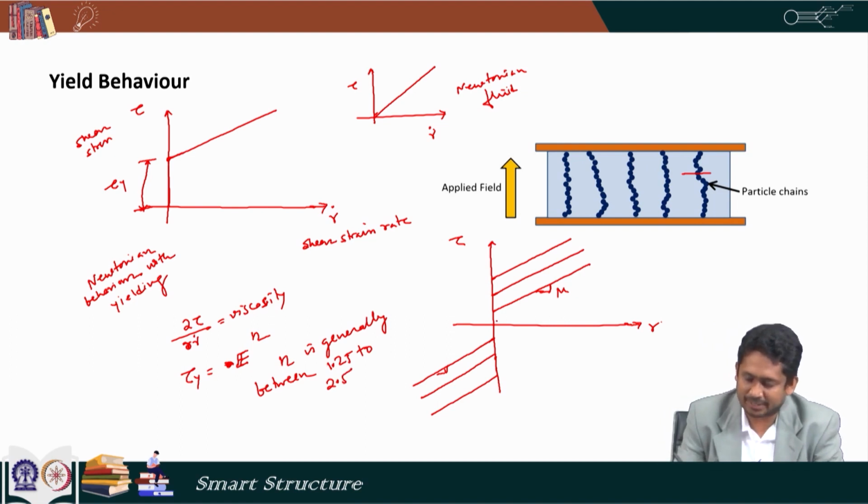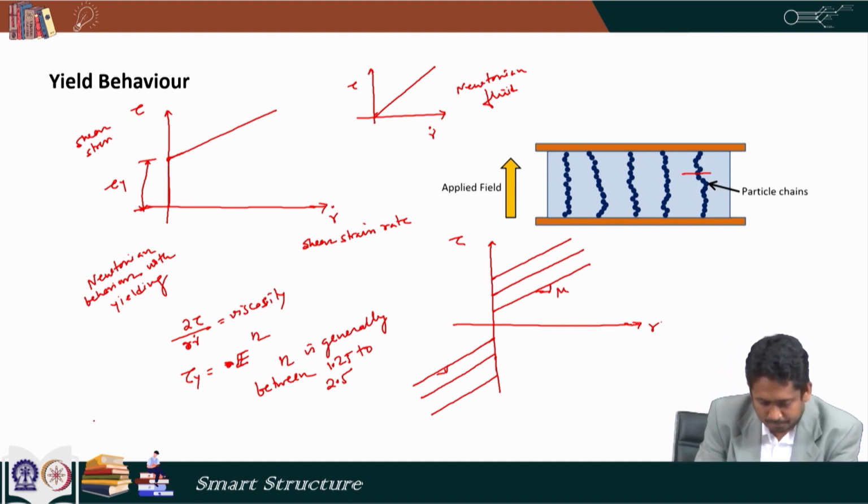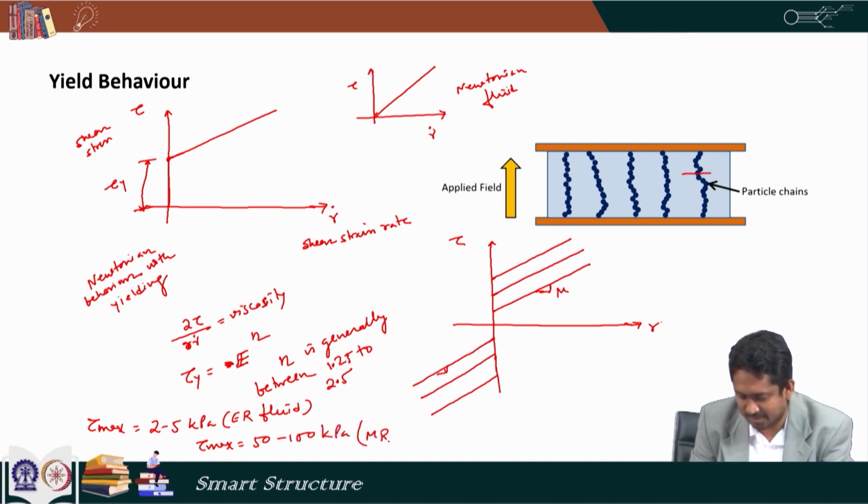But again we cannot increase the yield stress infinitely, there is some limit. So, the maximum yield stress that is possible for electrorheological fluid is 2 to 5 kPa for ER fluid, and tau max, the maximum yield stress possible, is 50 to 100 kilopascal for MR fluid.